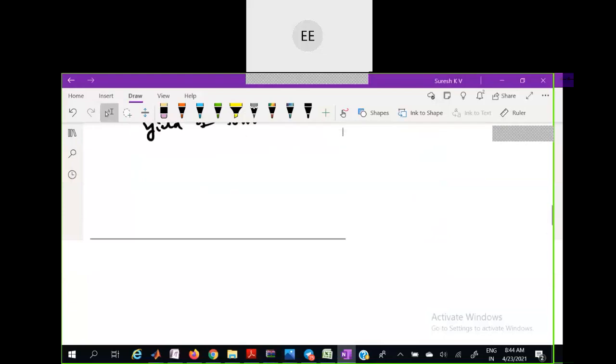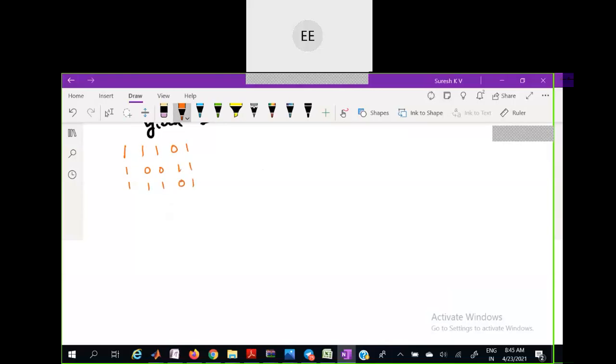I'll take a simple binary image, a simple 5 cross 5 image: 1 1 1 0 1 1 0 0 1 1 1 1 1 0 1 0 0 1 0 1.